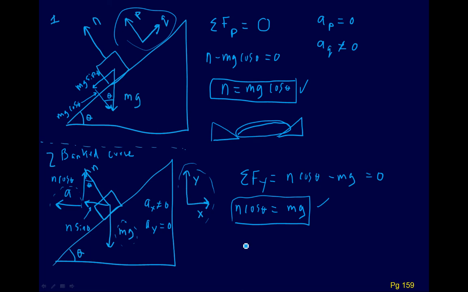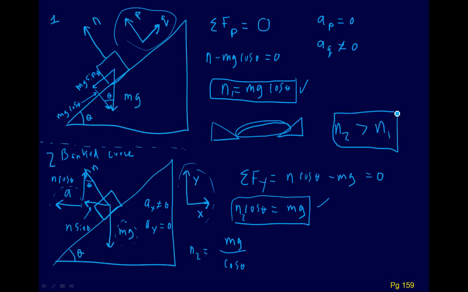So the normal force in the second case, by definition, has to be bigger. Let's label this as N sub 1, this is N sub 2. If I solve for N sub 2, I get mg divided by cosine theta. Since cosine theta is less than 1, N2 is bigger than mg. So we see here that N2 has to be bigger than N1.